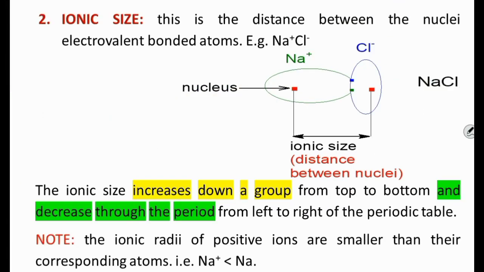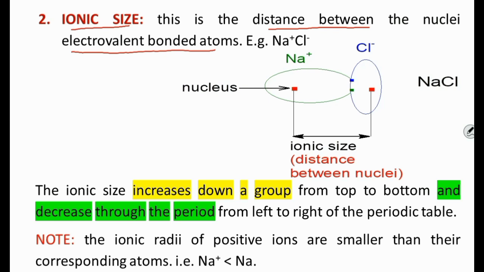Now, ionic size. Whatever is the trend in atomic size is also applicable to ionic size, even though ionic size is defined as the distance between the nuclei of electrovalently bonded atoms. This time around it's not covalently bonded atoms, but electrovalently bonded atoms.